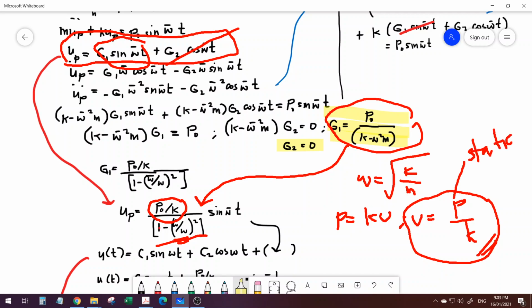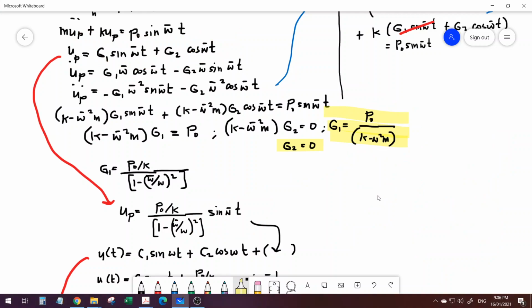That means if you know the static deflection of your structure, you just multiply it by this term to get the dynamic deflection. Okay? So that's the physical meaning of this equation. That's why you still need to do static methods. And then if you know the frequency of the excitation, the omega bar, and the natural frequency of your structure, and you multiply them, then you will get the dynamic deflection.